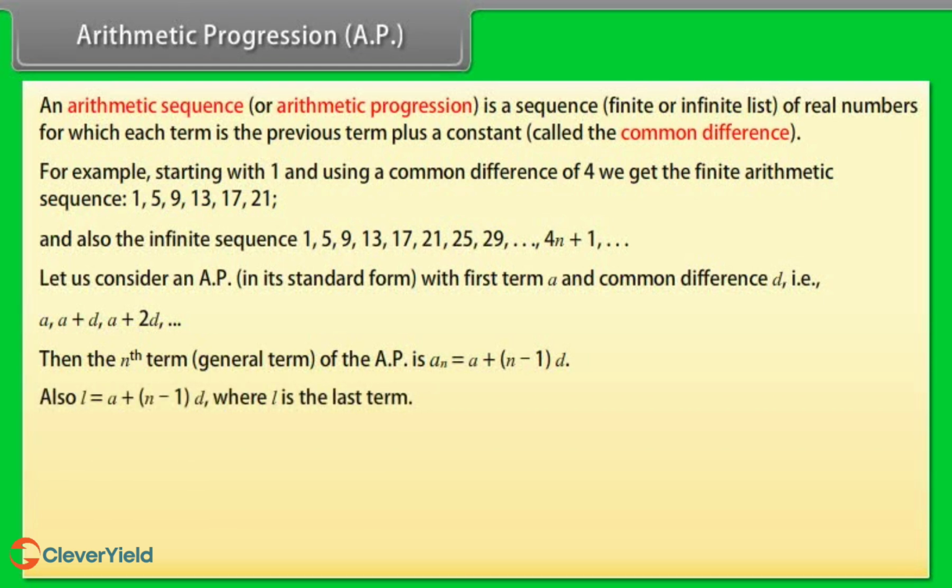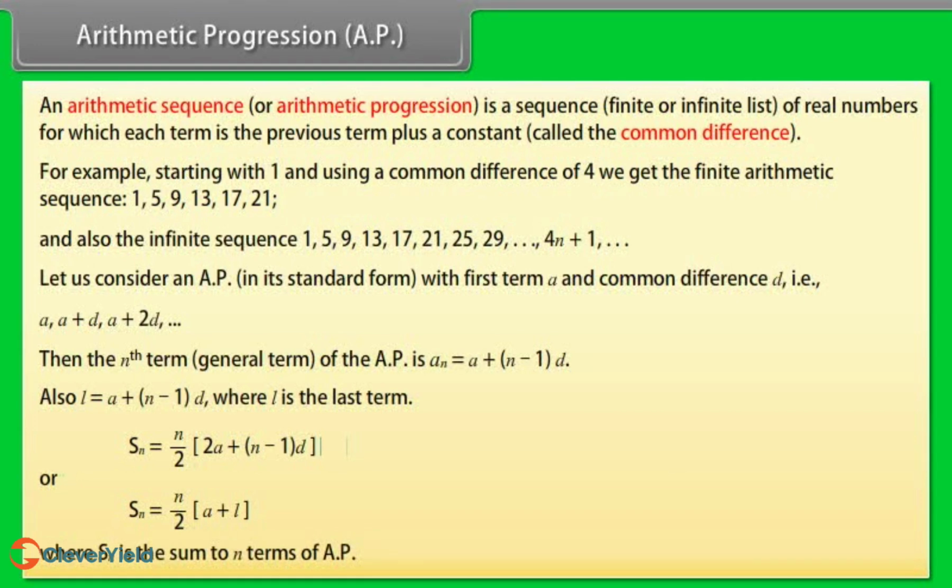Also, l is equal to a plus (n minus 1) into d, where l is the last term. Also, Sn is equal to n by 2 into (2a plus (n minus 1) into d), or Sn is equal to n by 2 into (a plus l), where Sn is the sum to n terms of the AP.